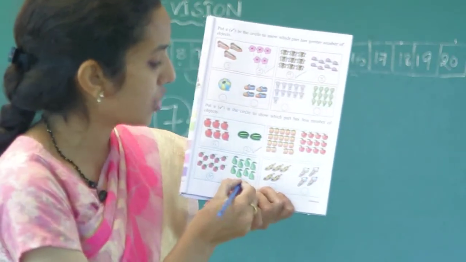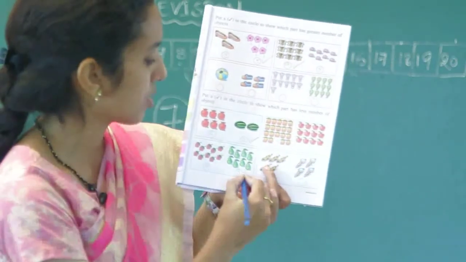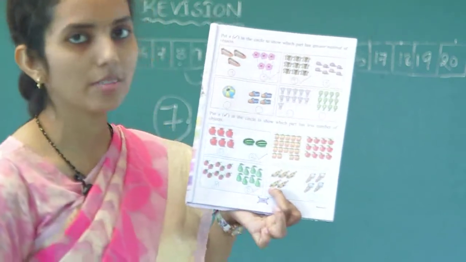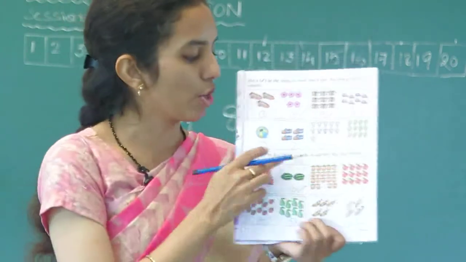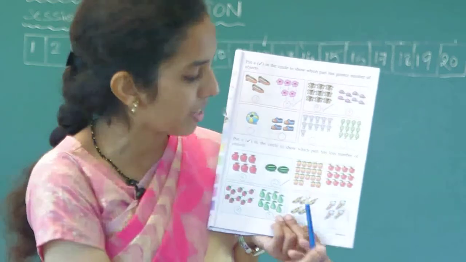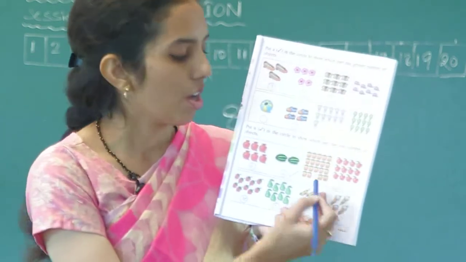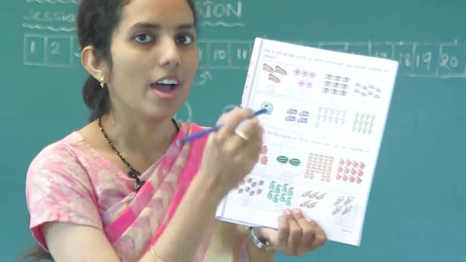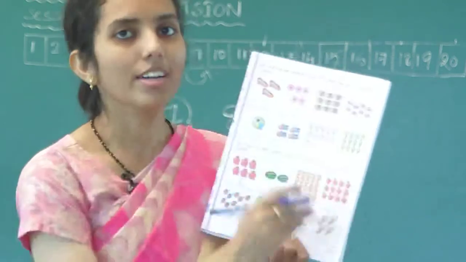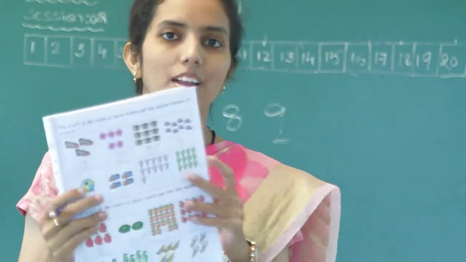So 8. Which is smaller? Pear is smaller. So tick pears. I want you to count these mangoes and apples, bananas and ice creams. Put the number in the circle and identify the lesser number. Tick it with the pencil.